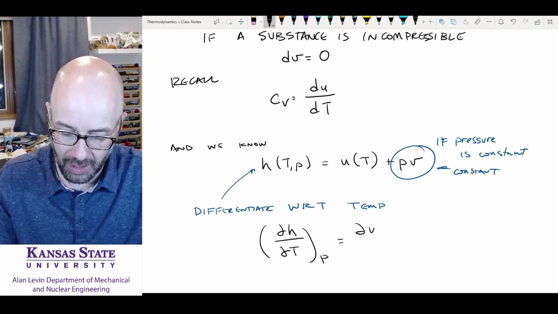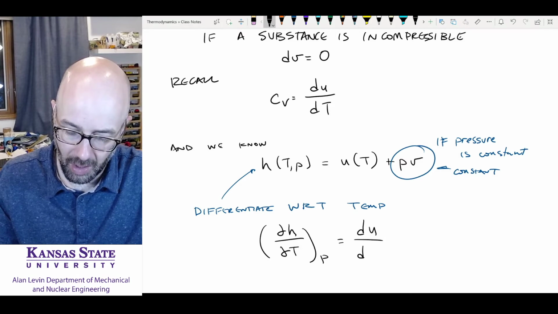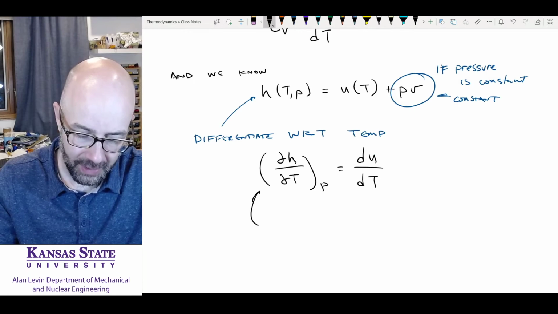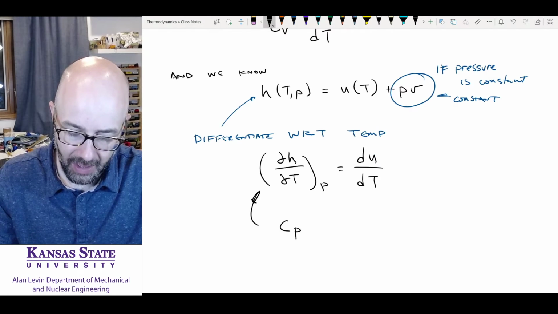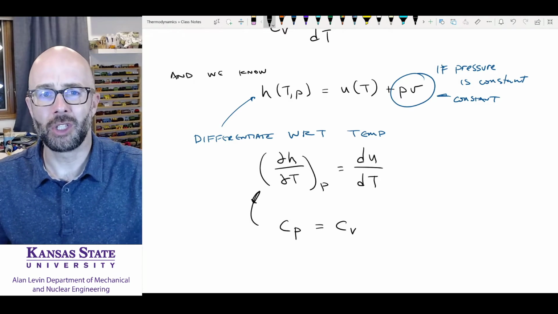this side we have du, or I should say it's only a function of one thing, so it's the ordinary derivative, du over dt. What is this? We're saying that specific heat at constant pressure is equal to the specific heat at constant volume. And that should make some sense to you.